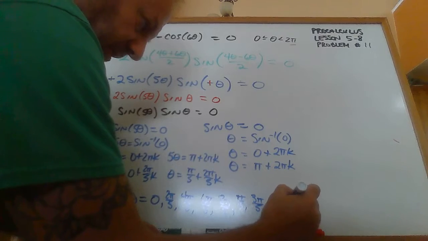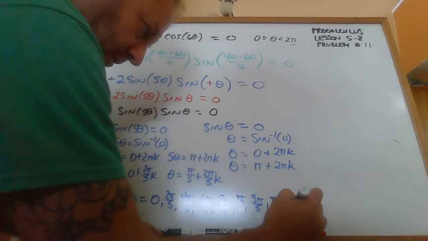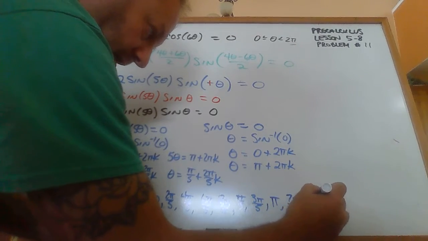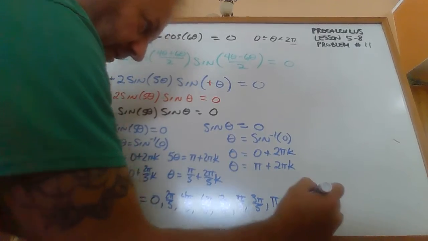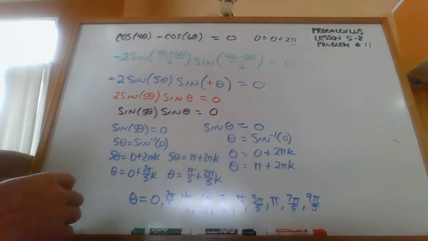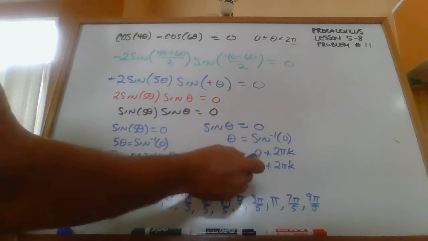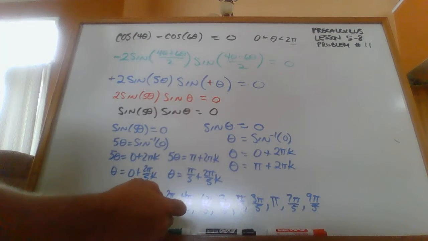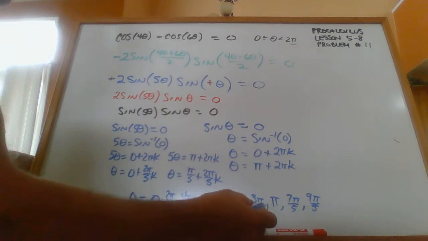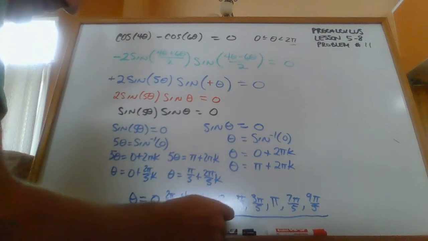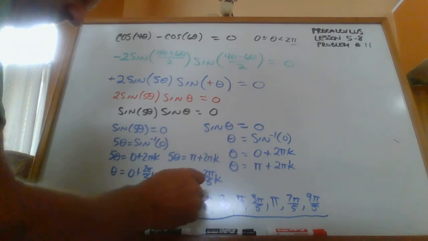I get 7 pi over 5 and 9 pi over 5, and 11 pi over 5 is bigger than 2 pi, and I don't want that one. So I already have the answers 0 and pi in here, so that is all of my solutions. There's quite a bit of them there.